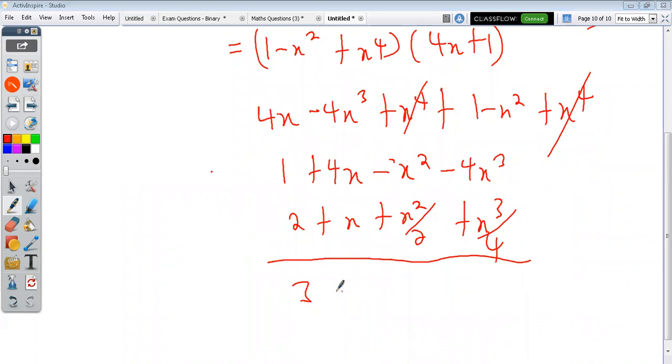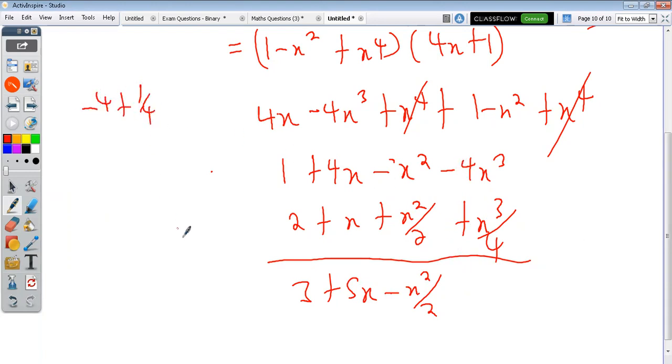Then if we add these 2 here, we get plus 5x. Then minus 1 plus half. Isn't that negative half? Minus 1 here, coefficient, plus half. That's negative half. Do you agree? Then minus 4, yes sir, minus 4 plus a quarter. What do you get?